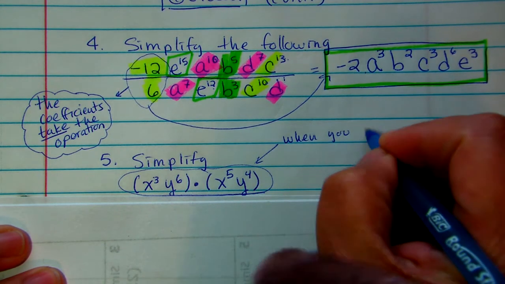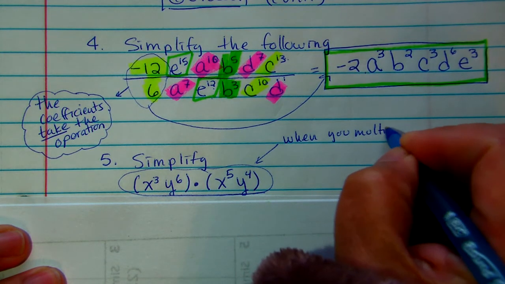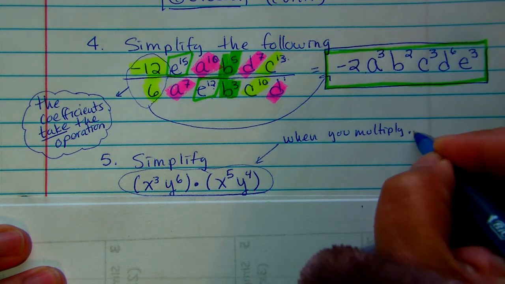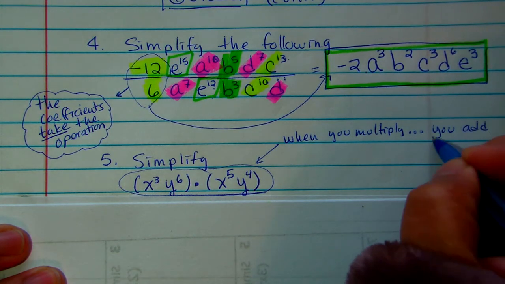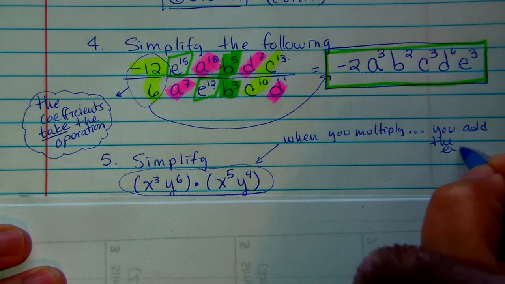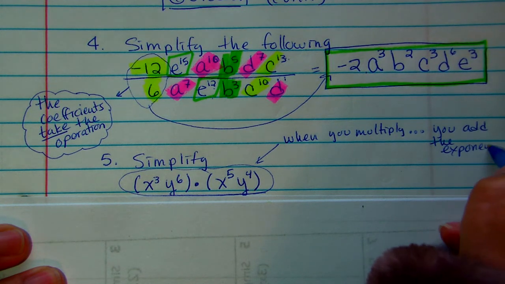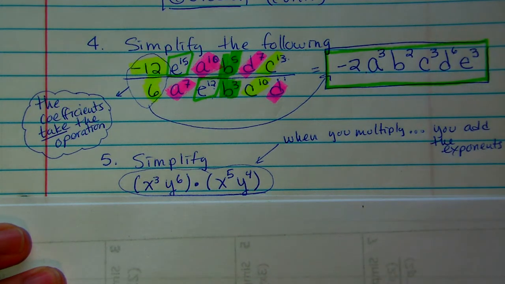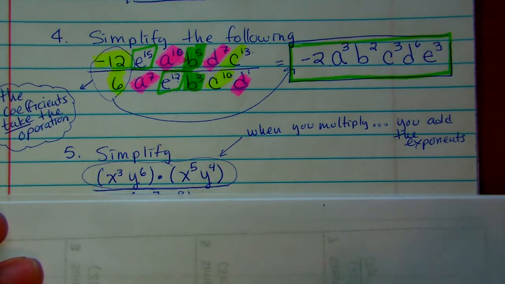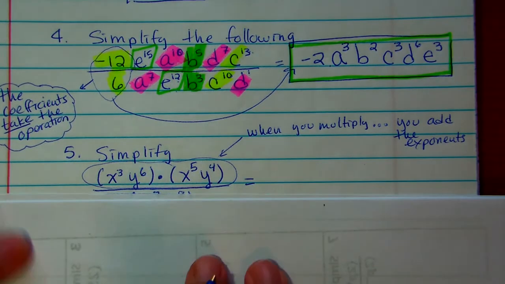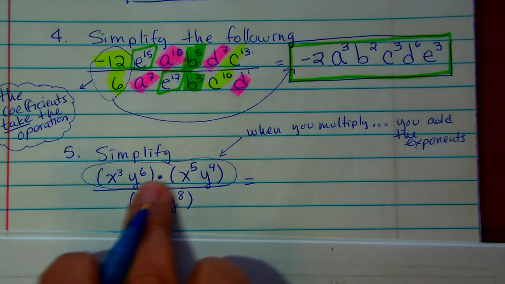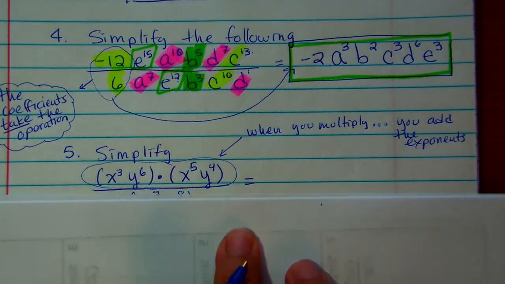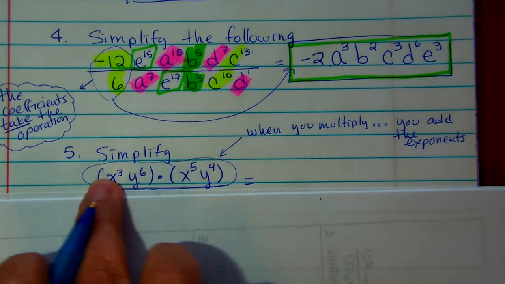When you multiply, you add the exponents. So that's what we're going to do here. Notice how I'm covering the part in the bottom. I'm not going to worry about the bottom yet. I'm going to worry about the part on the top.